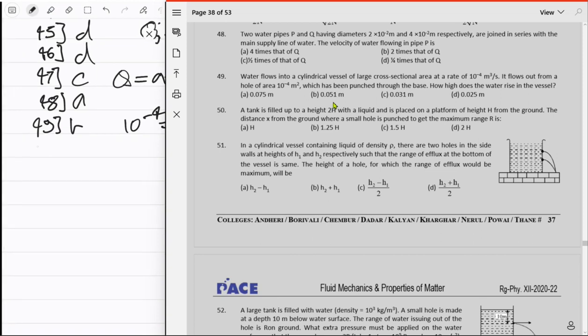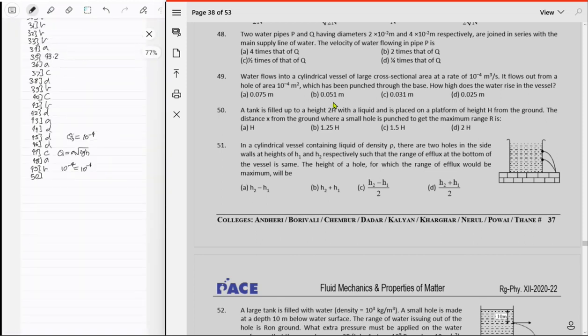Next, 50. A tank is filled up to height 2h with liquid and is placed on a platform of height h from the ground. The distance x from the ground where a small hole is punched to get maximum range R is... okay, this is something we have done a lot, right?